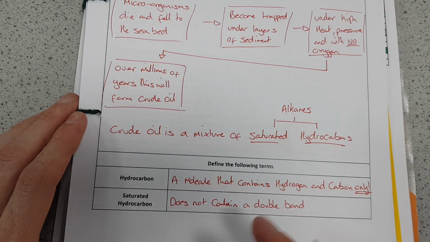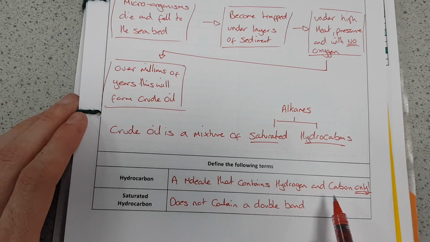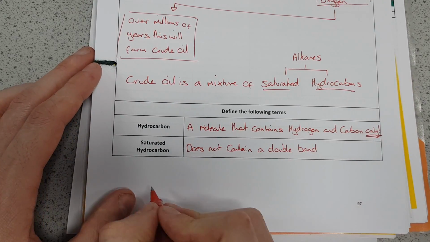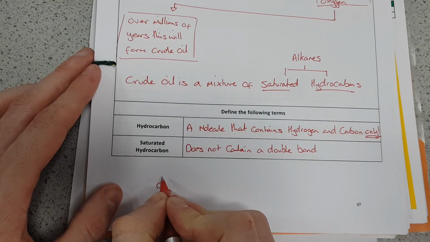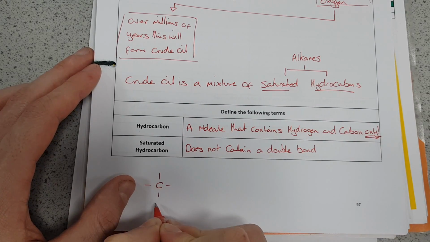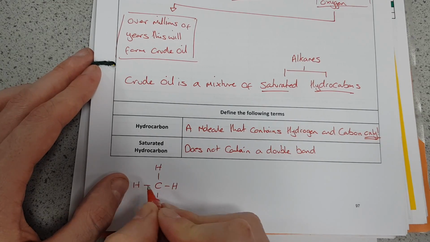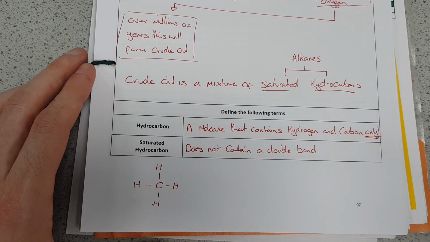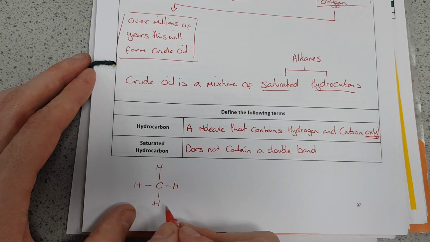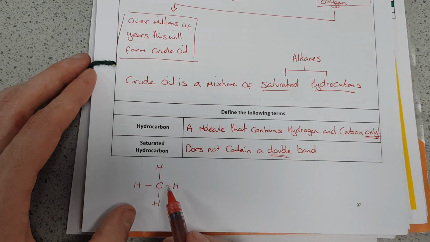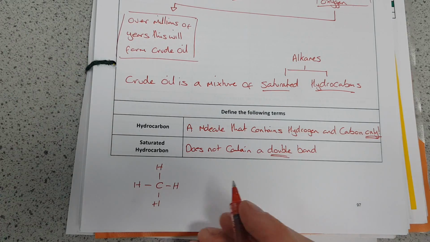So we need to talk about really what they are. They're hydrocarbons, they only contain carbon and hydrogen. If we give some examples, if we have methane, methane is a hydrocarbon because it only contains carbon and hydrogen. So this is a hydrocarbon, and it doesn't contain any double bonds. So it's a saturated hydrocarbon.